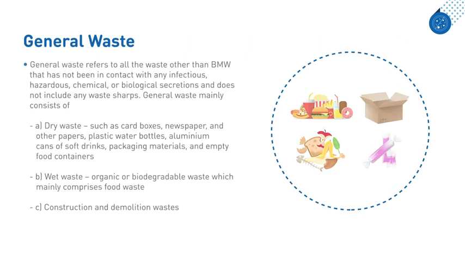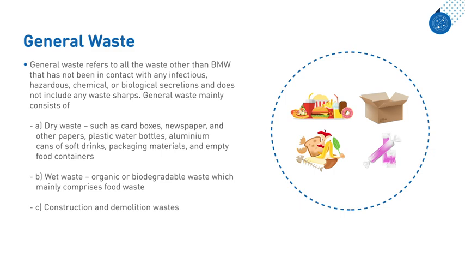General waste. General waste refers to all the waste other than BMW that has not been in contact with any infectious, hazardous, chemical or biological secretions and does not include any waste sharps. General waste mainly consists of dry waste, such as cardboxes, newspaper and other plastics, plastic water bottles, aluminium cans of soft drinks, packaging materials, and empty food containers.